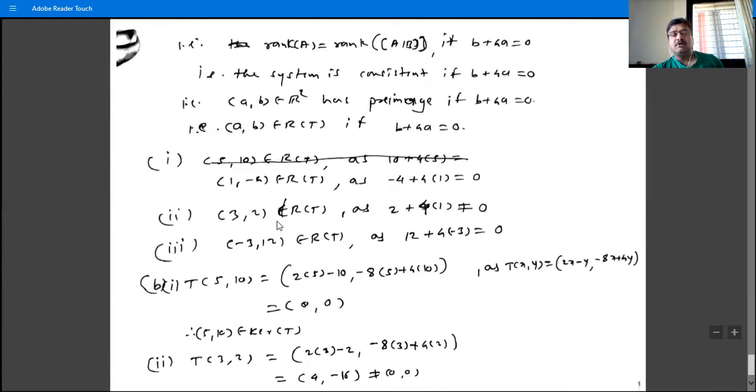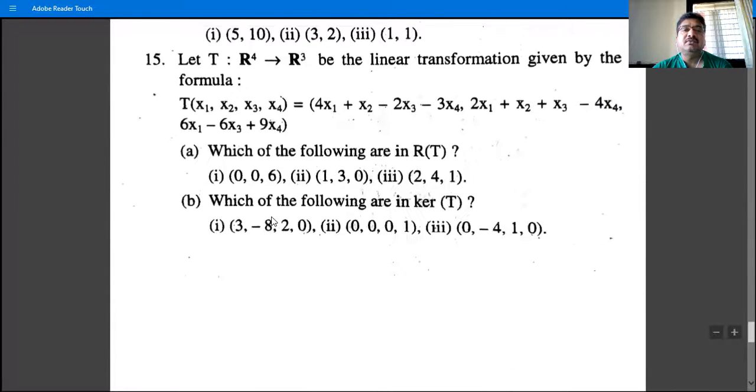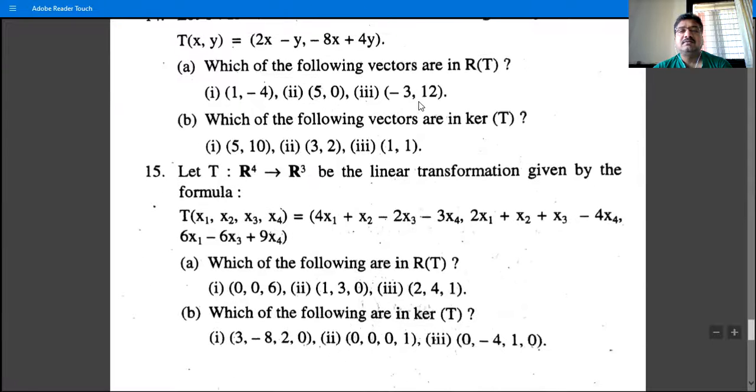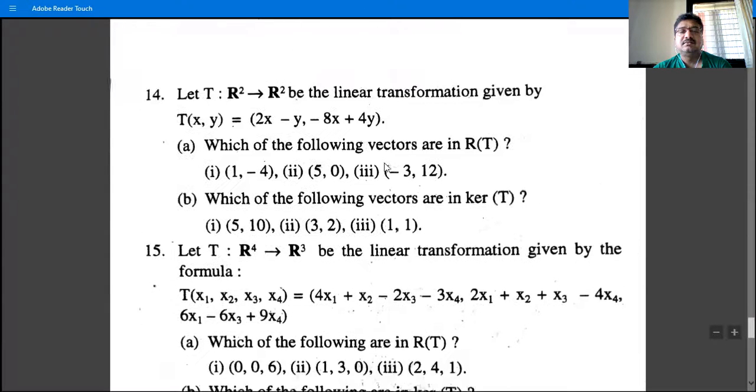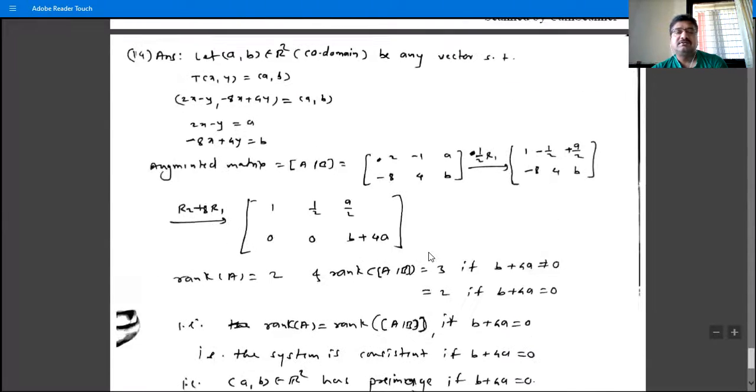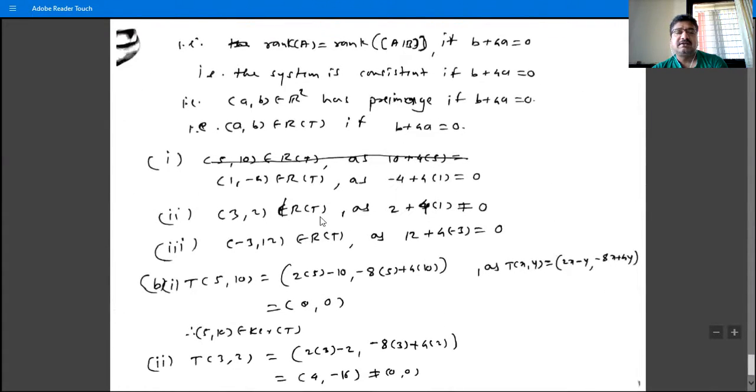3, 2 does not belong to R(T). This second element, 3, 2, I mistakenly took.